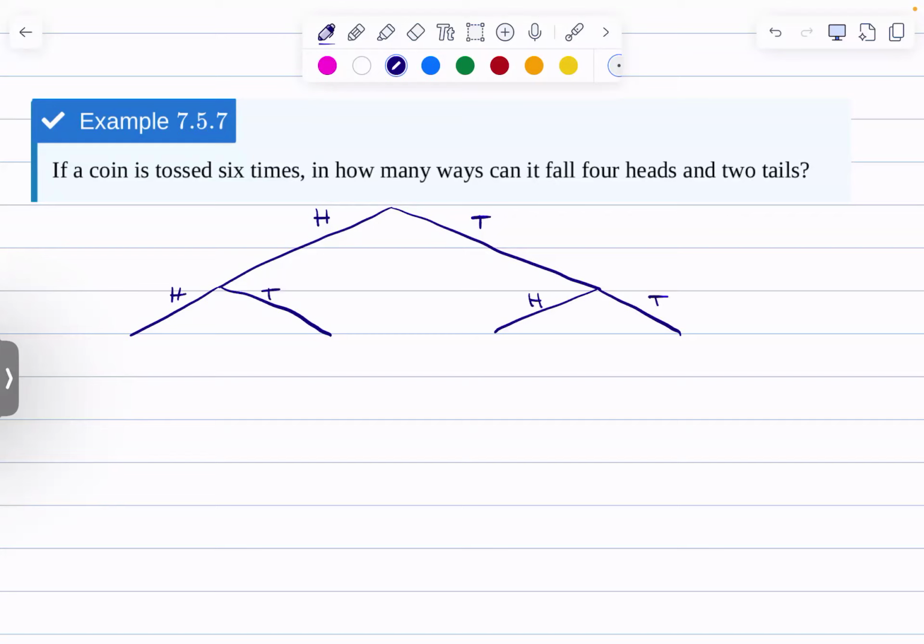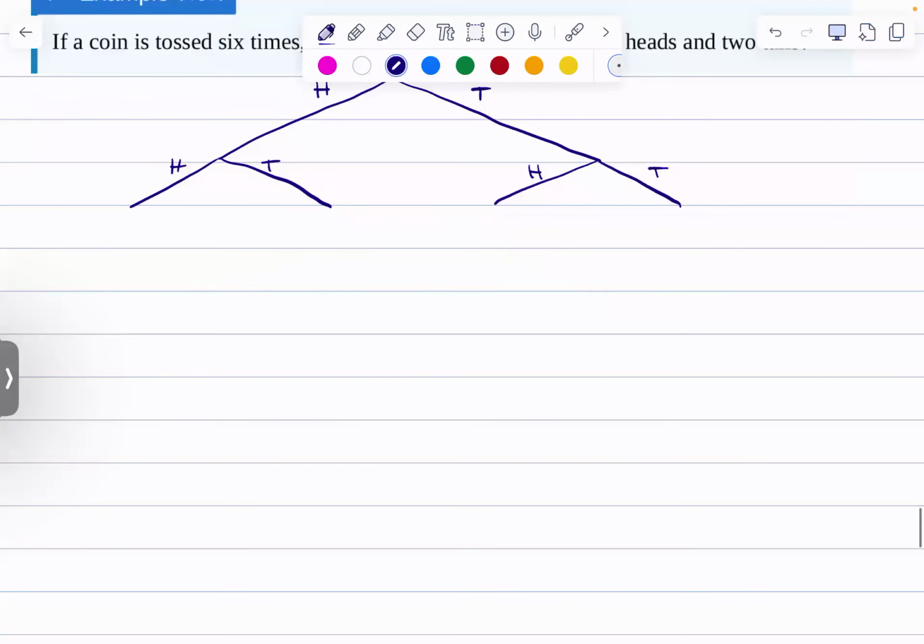Heads, tails, heads, tails. This is the first coin toss, this is the second coin toss. We have to keep going for 6 tosses. Oh, and this is 64.